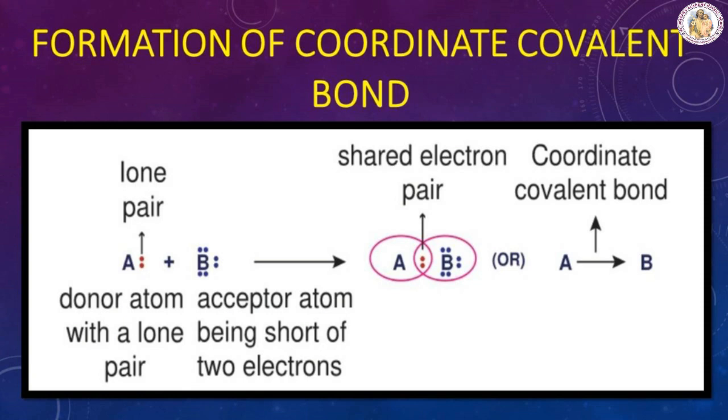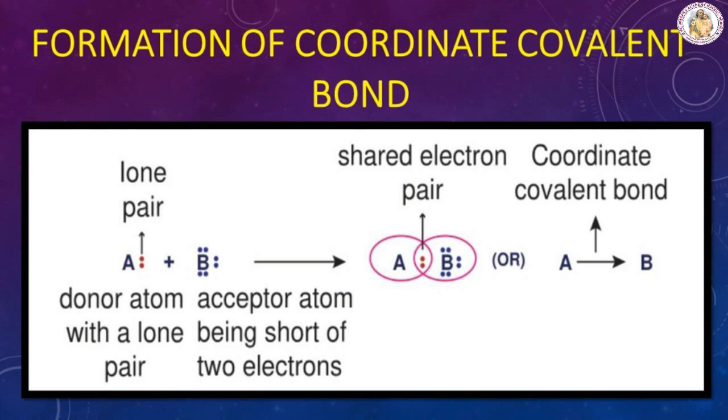Now let's see the formation of coordinate covalent bond. Let us consider two atoms A and B. Let atom A have an unshared lone pair of electrons. One lone pair contains two electrons. And atom B is short of two electrons. So B has 6 electrons, but it needs 2 more electrons to complete the octet. Now atom A donates its lone pair while atom B accepts it.